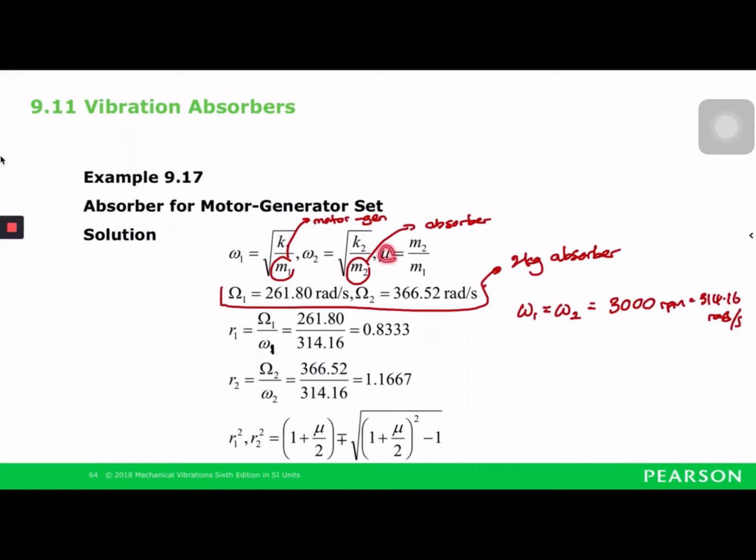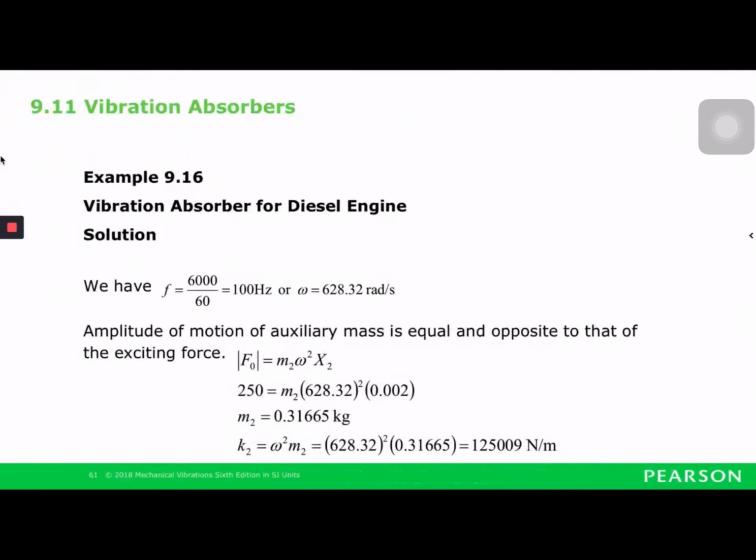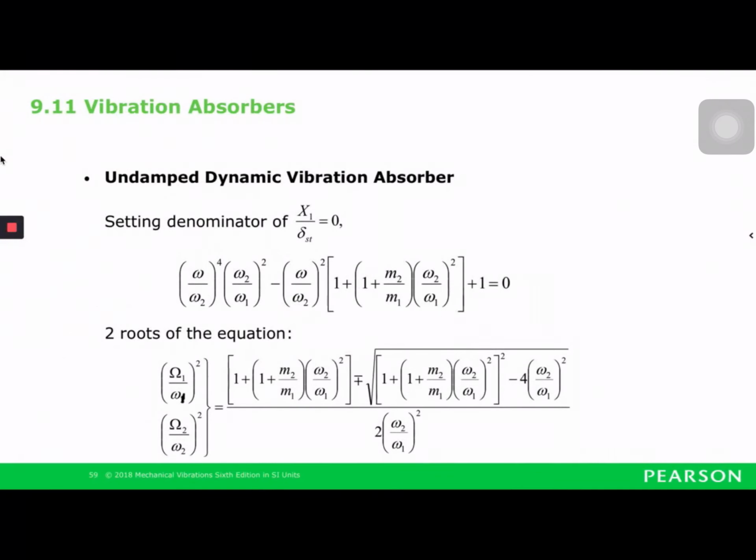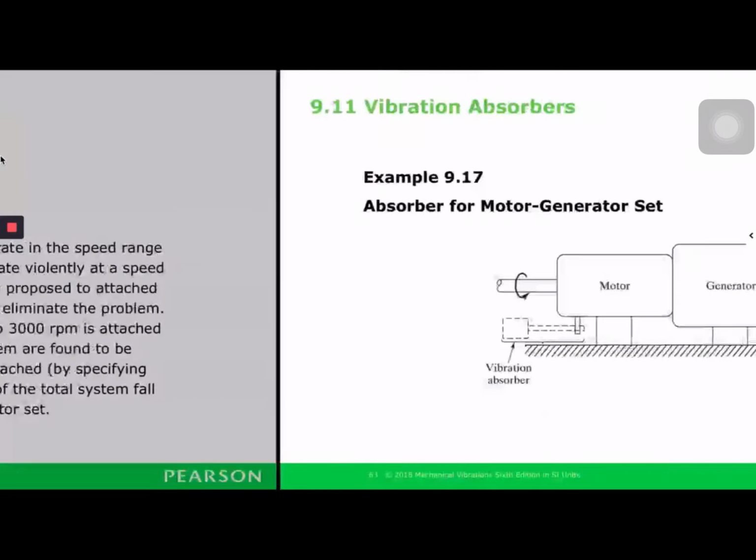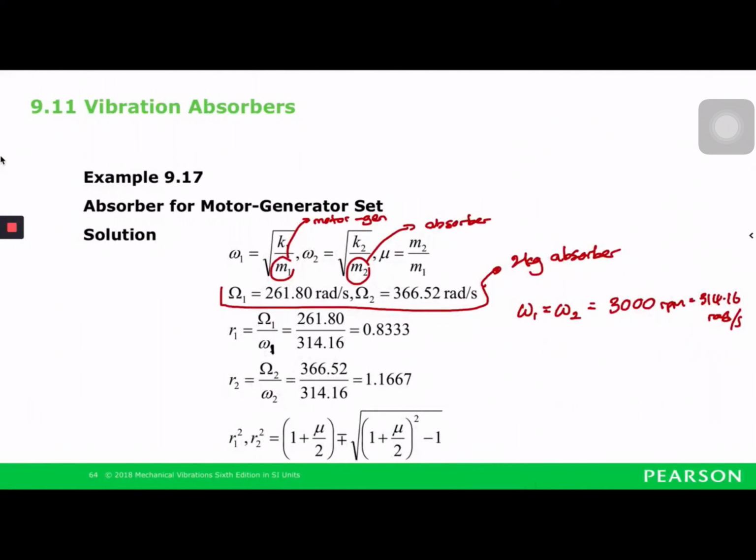We can take mu equal to the ratio m2 over m1. Why? Because the original equation has m2 over m1, so to make it easier to write down, mu equals m2 over m1, and the equation will become shorter.